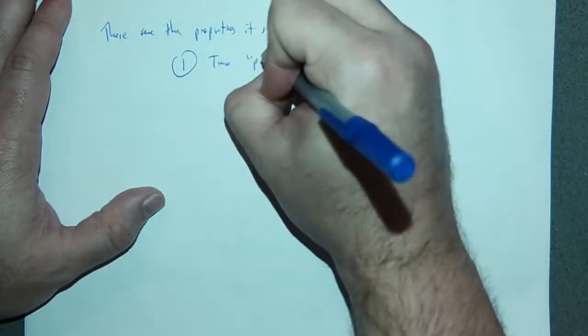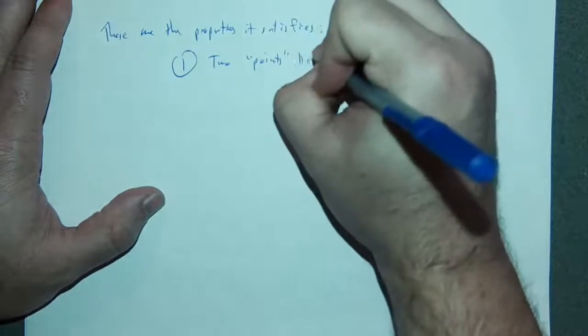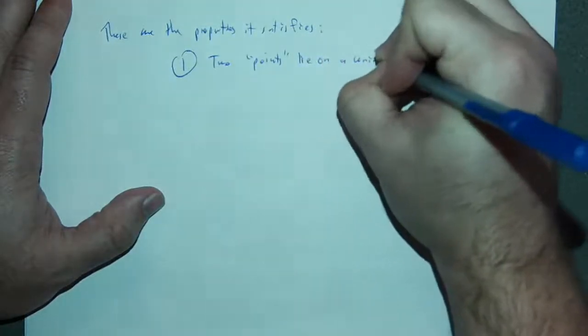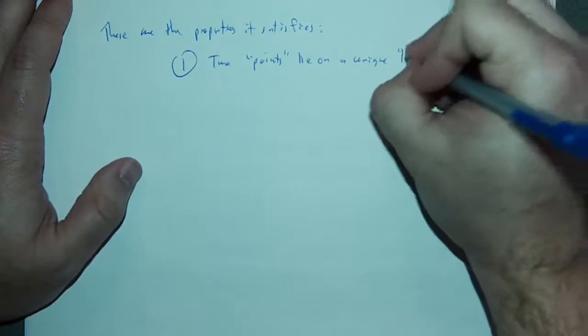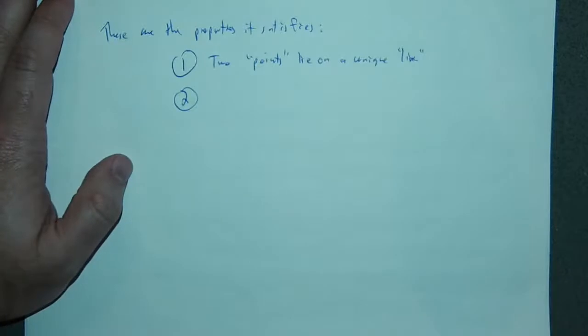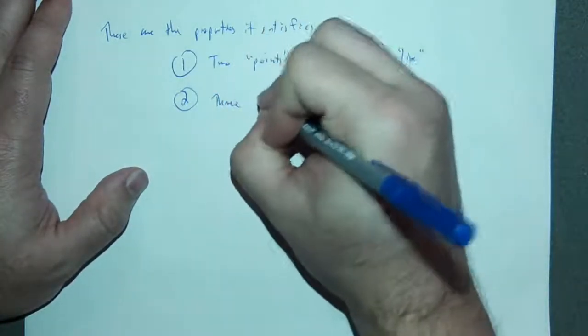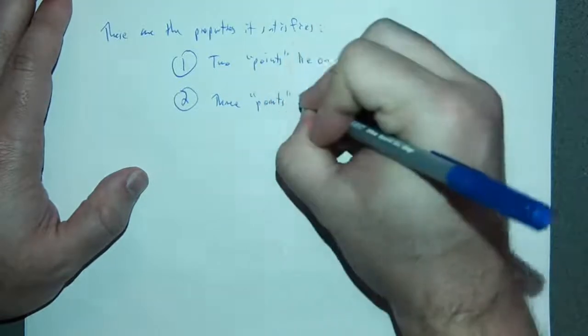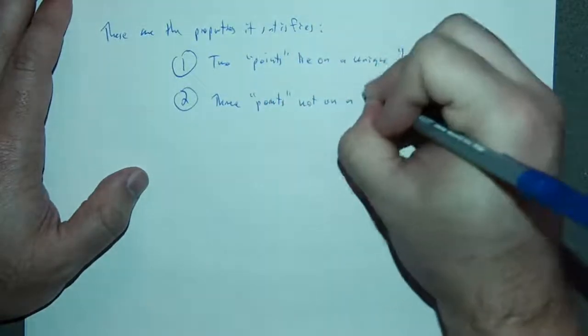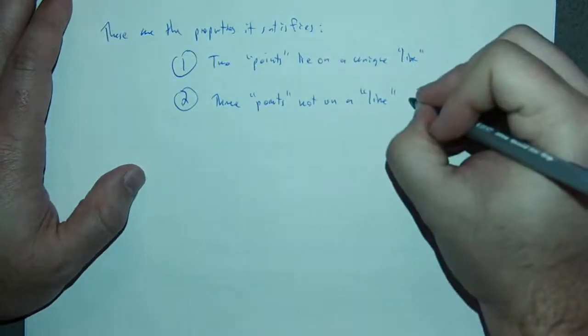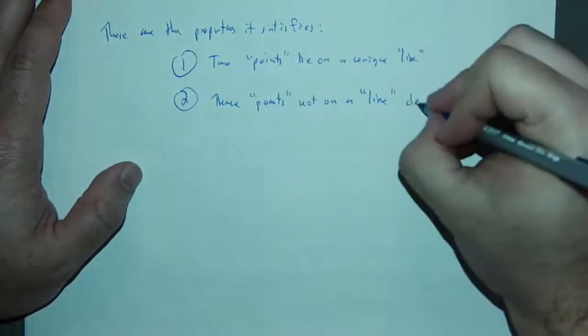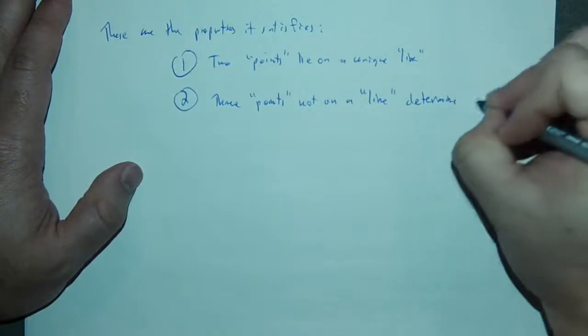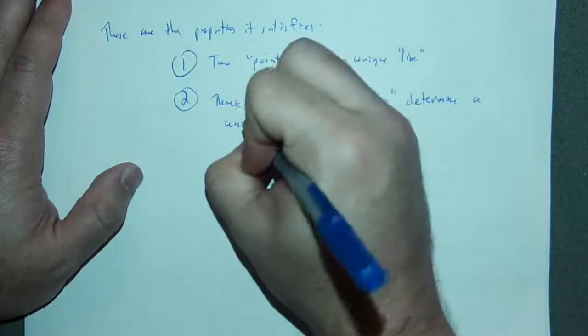Two points lie on a unique line. Three points not on a line determine a unique plane.